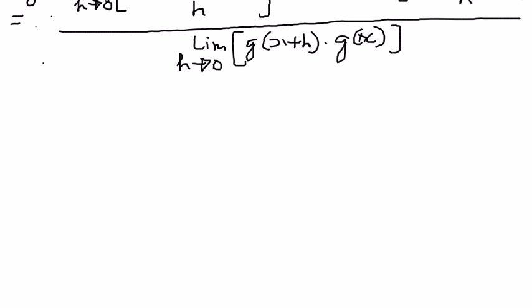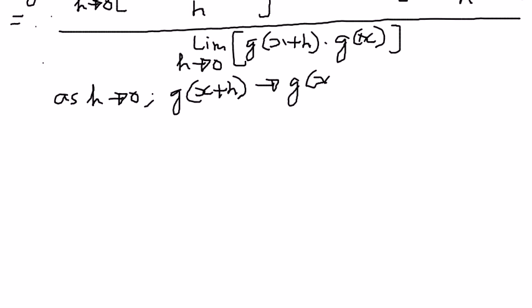as a next step, we can see that as h approaches 0, then g of x plus h approaches g of x. Okay, so therefore we can write this one as follows.